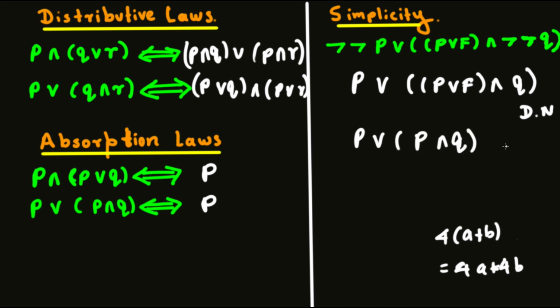Okay, this is identity. And what is P or (P and Q)? Absorption law says P or (P and Q) is equal to P. So the whole thing is equal to P. Now this is absorption. So this is the simple version of this equation, and that's how we do that.